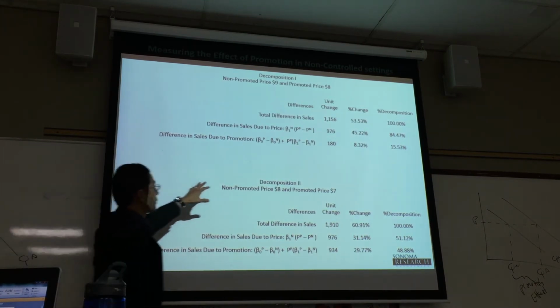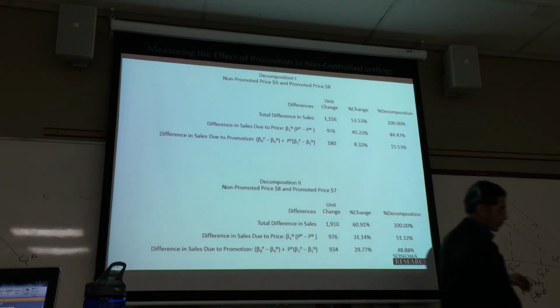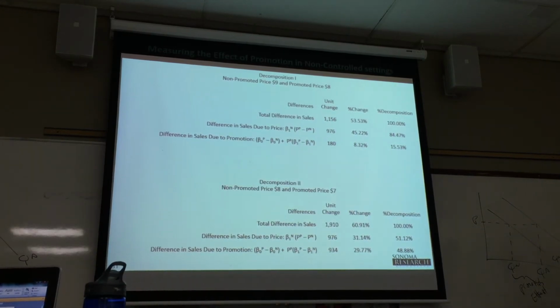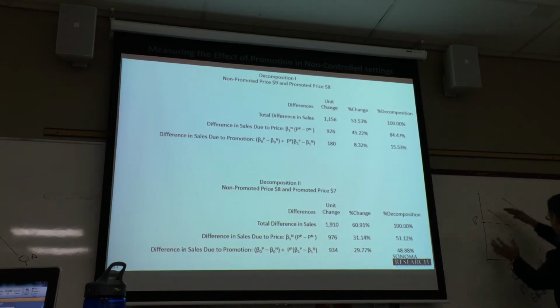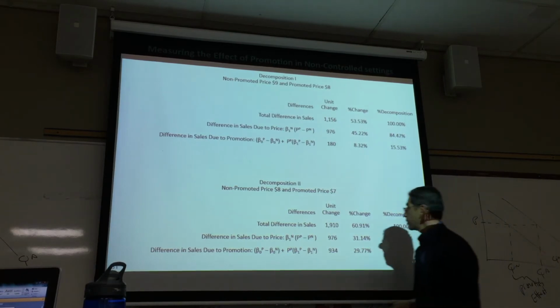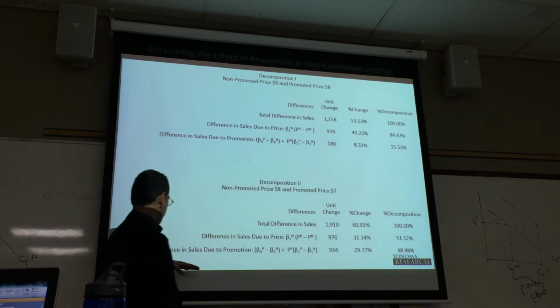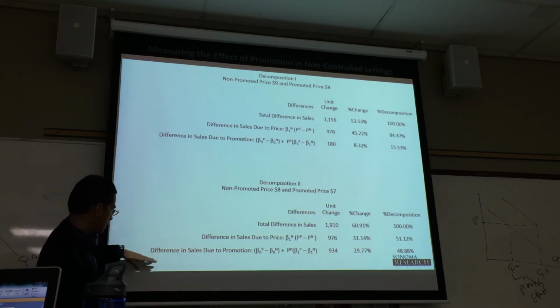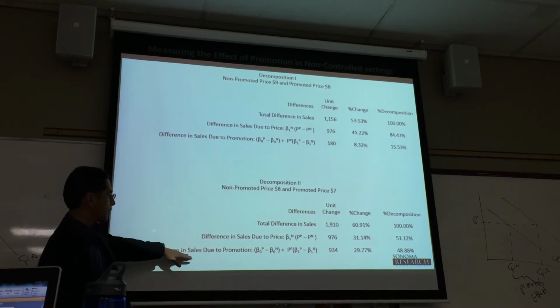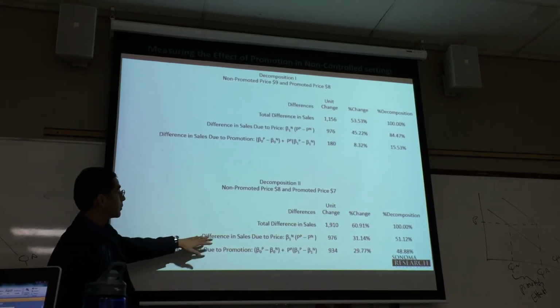the effect due to promotion was 8%. The effect due to price was 45%. When I evaluated it at a lower price, I just slid that down. And now the effect of promotion is 29%, and the effect due to price is 31%.